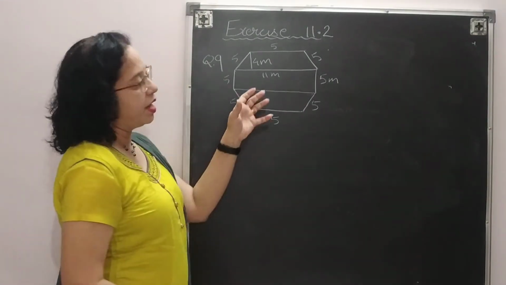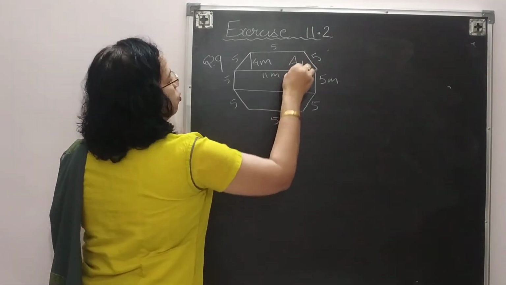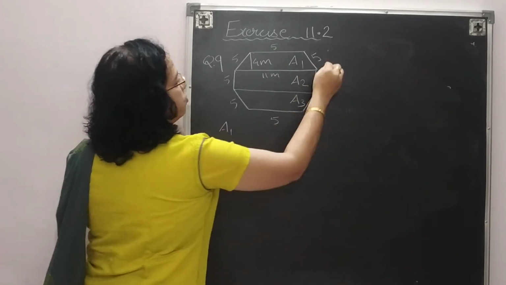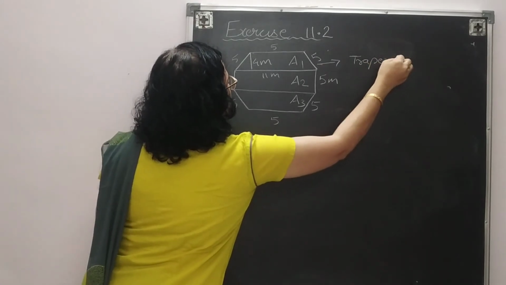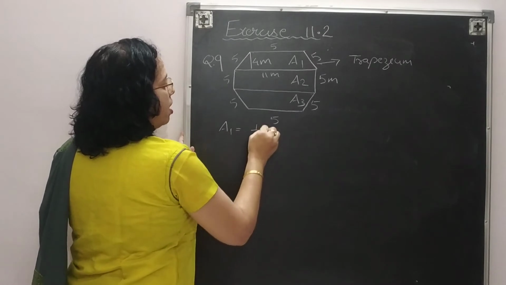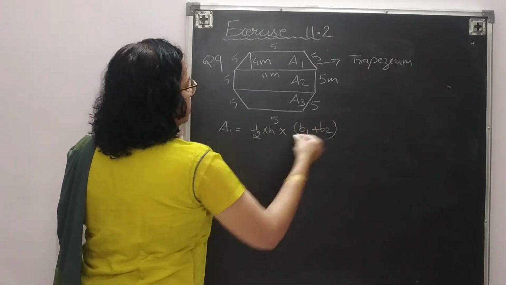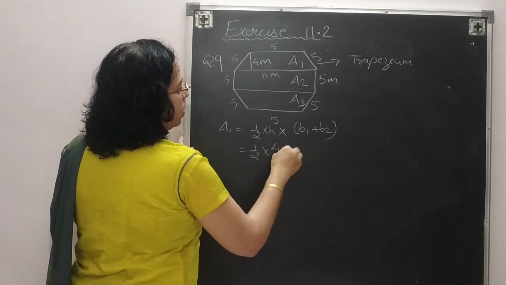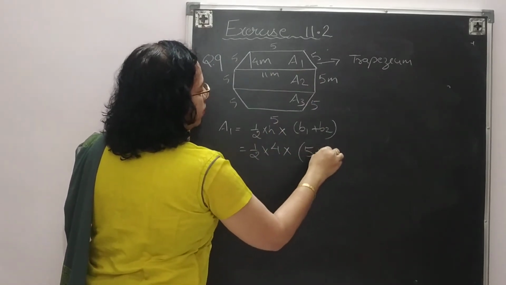Yeah, last question I have solved with the common area. Now here I am trying to tell you how can you find out different areas and you can add. So my A1, this is your trapezium. Okay. So what is the formula for trapezium? Half into height in bracket sum of parallel sides. So just substitute the value. Height is given 4 and B1 this is 5 and this length is 11.